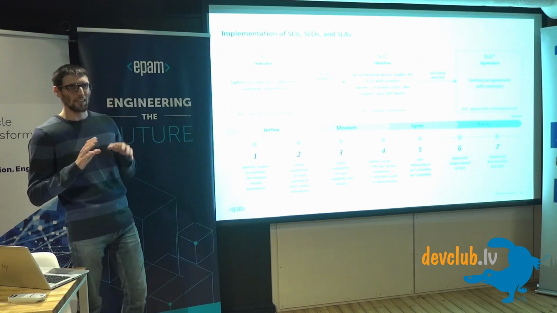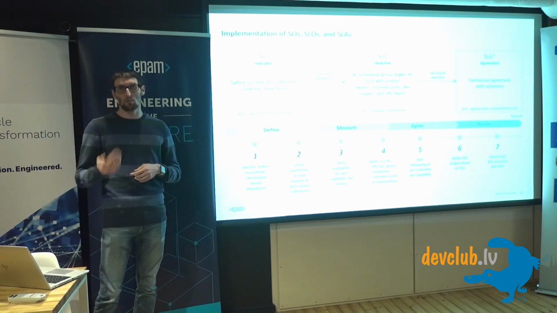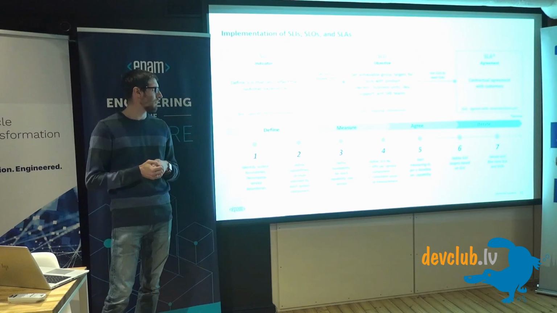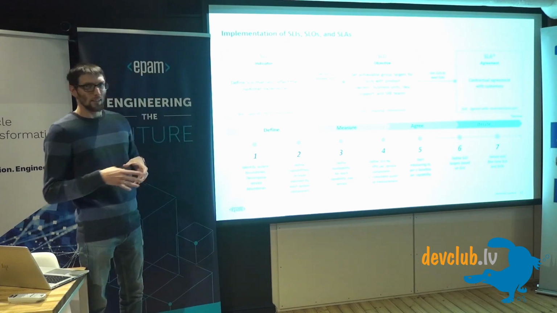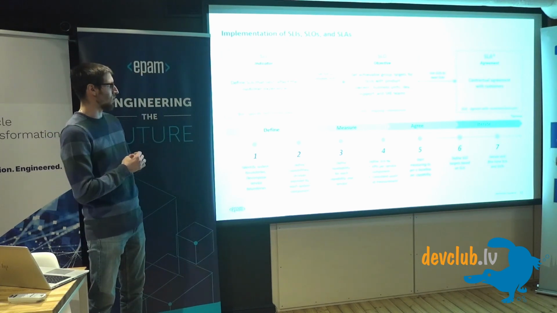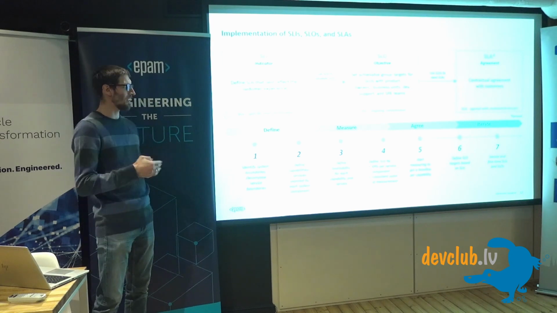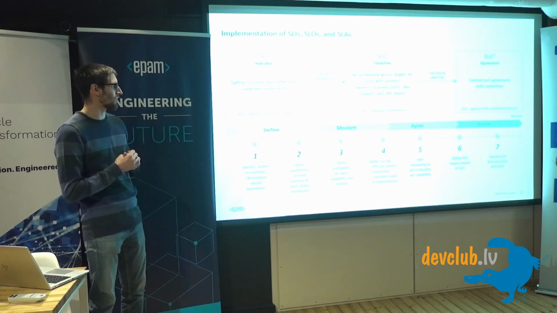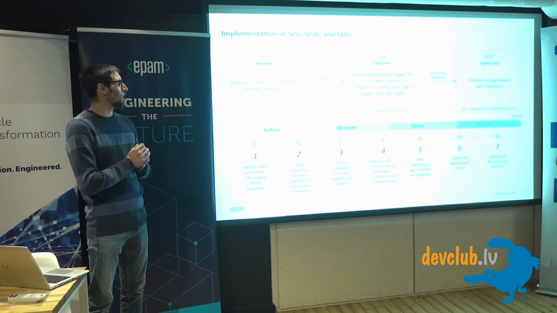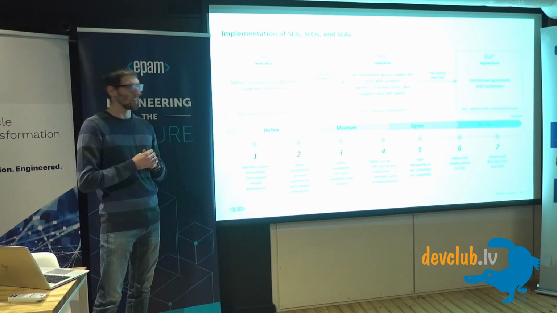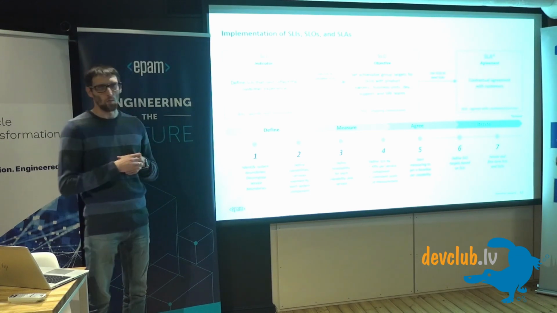So this kind of metric may be defined as an SLI. After this, when we have defined all our possible SLIs and we understand that they reflect the customer expectations, we may define and set up SLO.